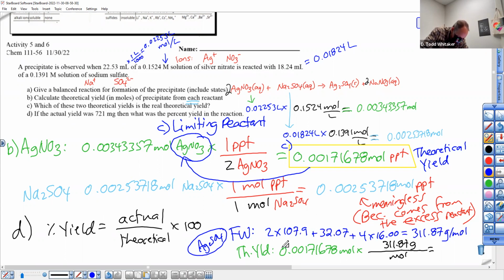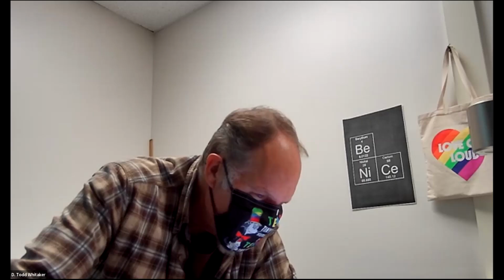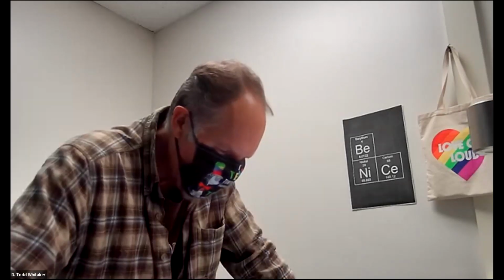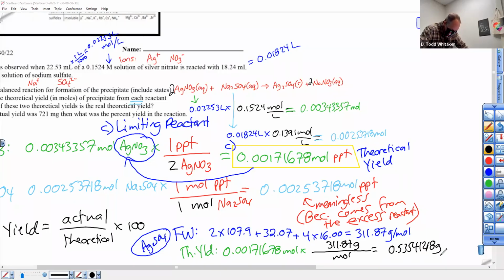Theoretical yield is going to convert from moles to grams using the molecular weight like this. And what kind of answer did we get? We are back to the big finish. We have this many grams in our theoretical yield. That's how much we could have made.